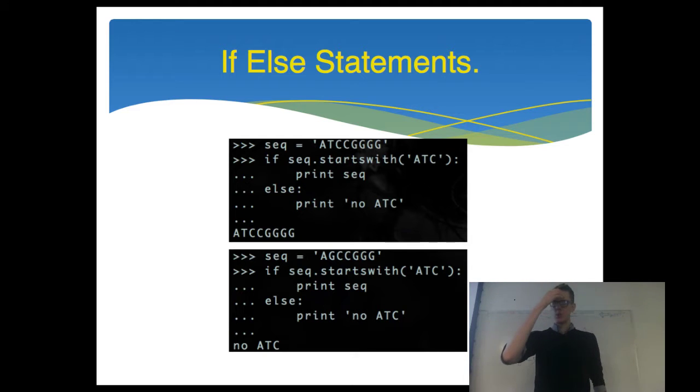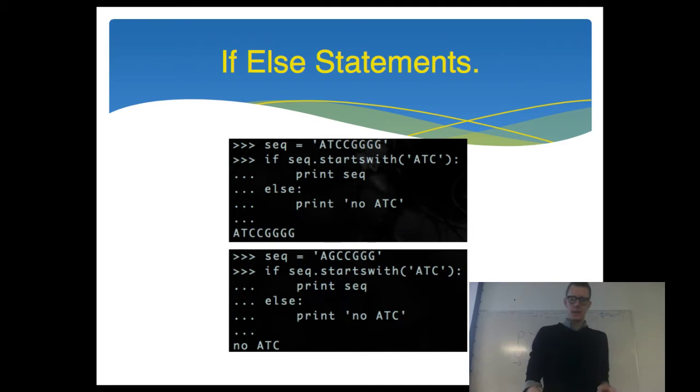Remember, dot startswith will be true if our sequence starts with some letters. So if a string starts with a substring, that will be true. So if seq dot startswith ATC, colon, new line, indentation, let's print seq. Else, colon, new line, indentation, let's print no ATC.